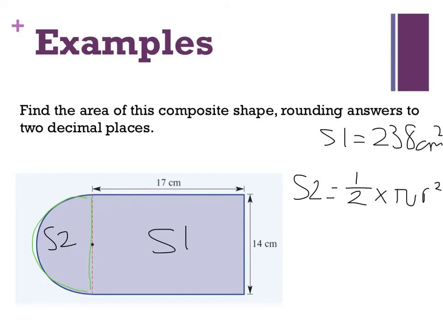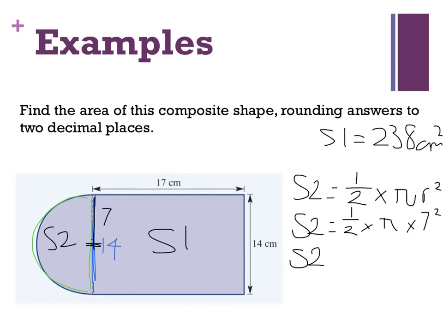Substituting into that formula, what's my radius? My diameter here is 14, from my last question. If my diameter is 14, my radius is half of 14, so my radius from here to here is 7. Half times pi times 7 squared, which is 49.